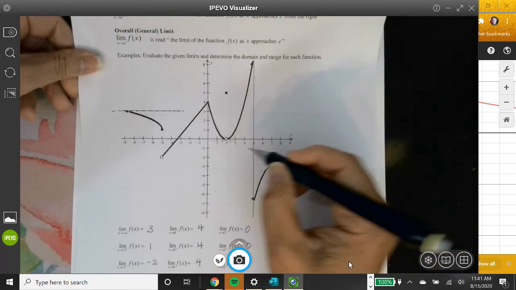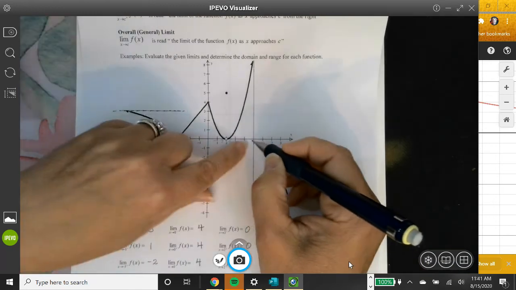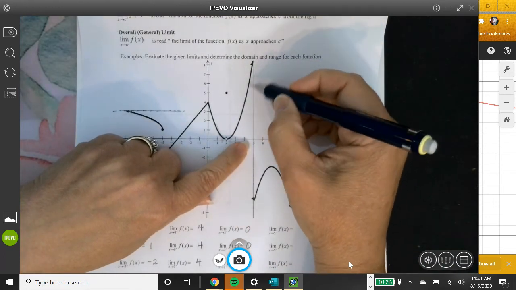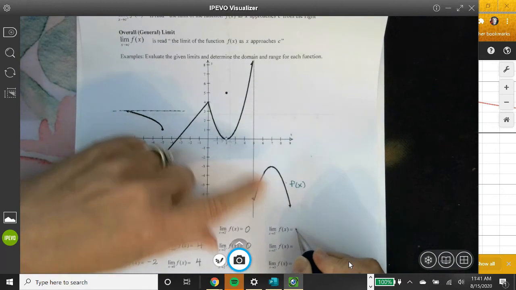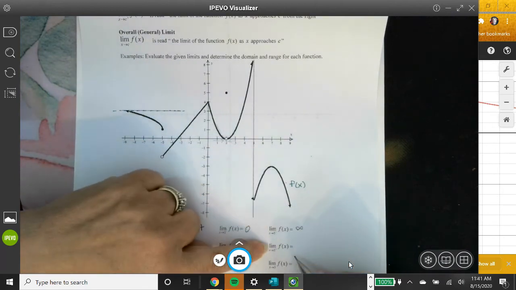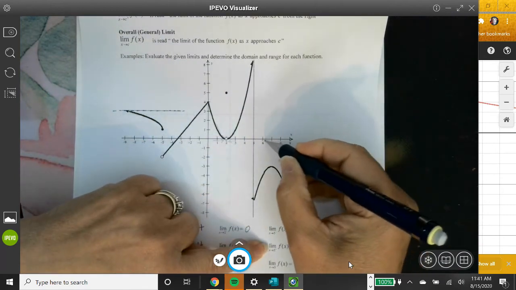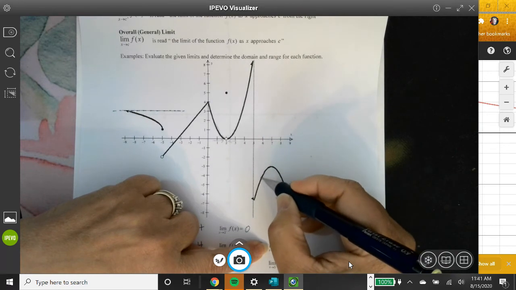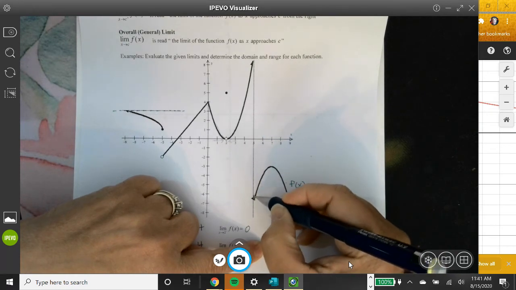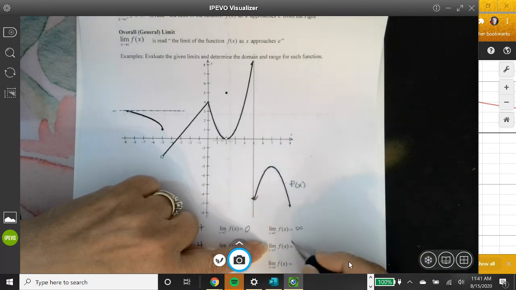That means as I get closer and closer to 5 on the left side, my function is getting closer and closer to positive infinity. From the right side, as I get closer and closer to 5 from the right side, my function is getting closer and closer to, and my arrow should be here, not on the line, negative infinity.